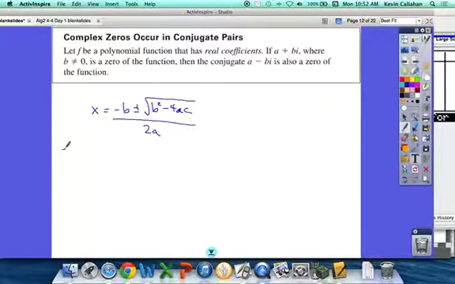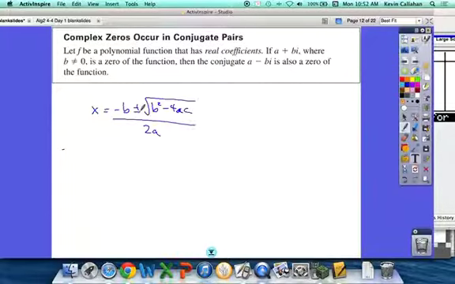They come from the quadratic formula, right? You would never just have a plus i. You would have to have the minus i too. You'd have two values where everything else is the same, except that the plus changes to a minus. And that's the definition of conjugate. Just change the sign in between.